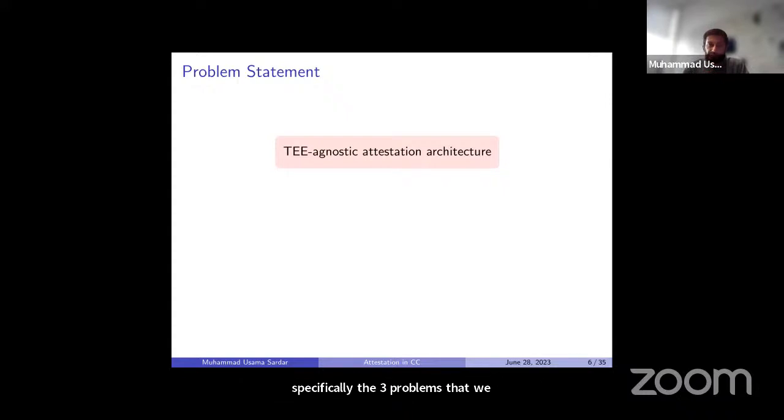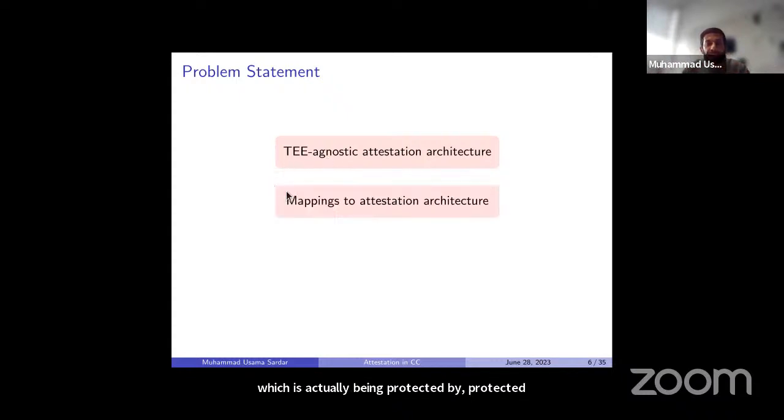So this is the scenario, and the problem statement, specifically the three problems that we tackled in this work. The first was a TE agnostic attestation architecture, because one standard attestation architecture exists, called RATS, but it's not TE agnostic. By TE I mean the piece of the software which is actually being protected by the hardware.